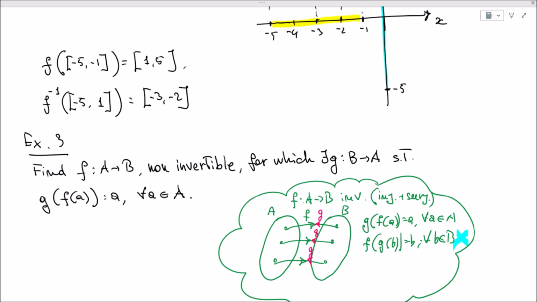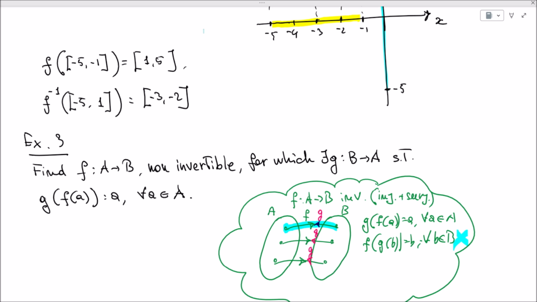We are just considering the first one. So, in other words, we are picking a single element of A. We are then hitting the corresponding element of capital B by f, and then we are going back through g to the initial element. So this is the only condition that we want to find.